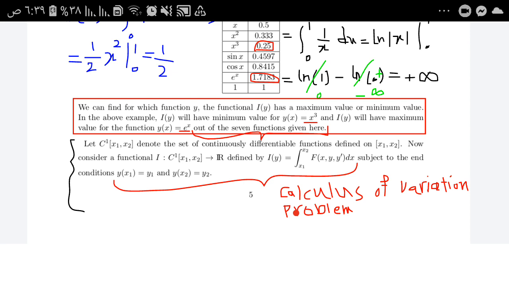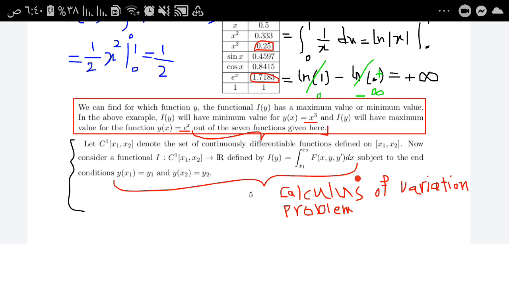A calculus of variations problem means that we are going to obtain the maximum or minimum of functionals. In this course, we are going to study the maximum or minimum of functionals, not functions.